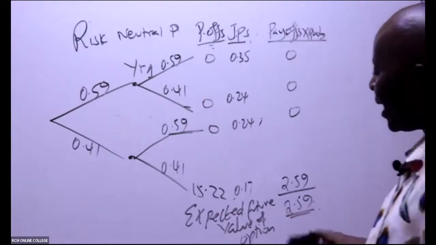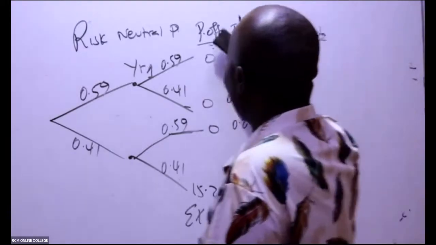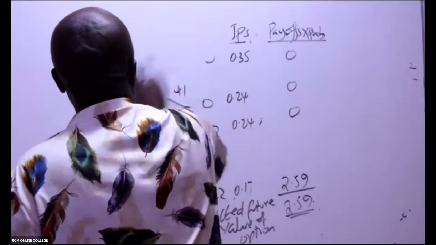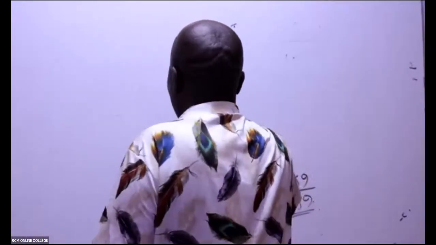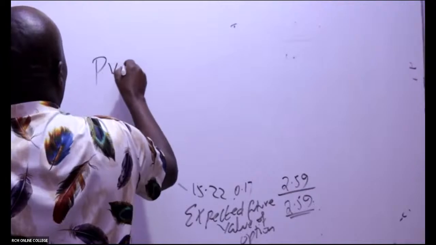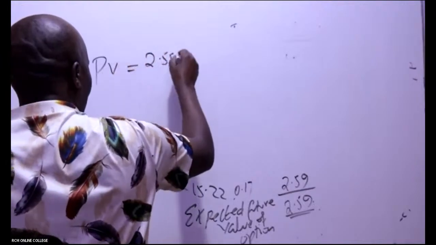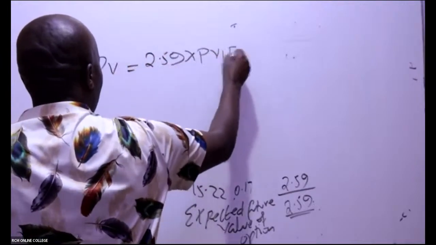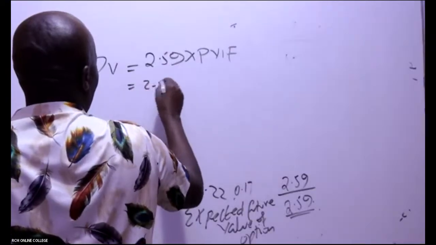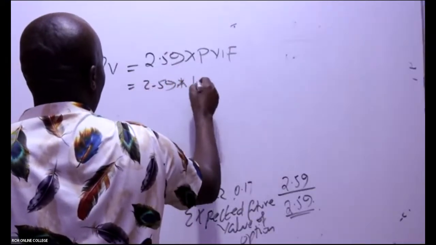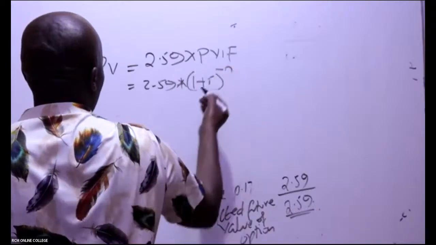So go ahead and discount. To get the present value, take this 2.59 times the PV factor. You gave me the PV formula as 1 plus r raised to negative n.